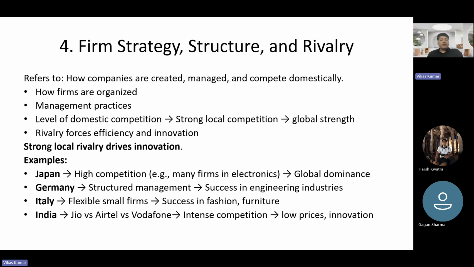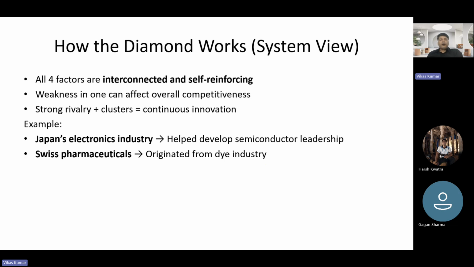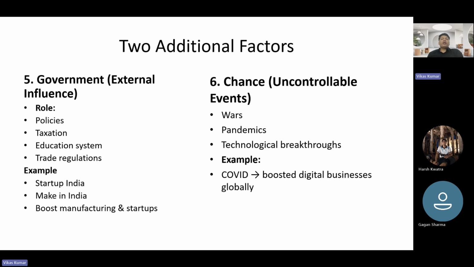Rivalry forces efficiency and innovation. There were also two additional factors, government and chance. So in the last class we completed this national Porter model for competitive advantage.